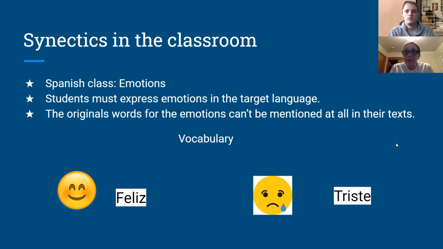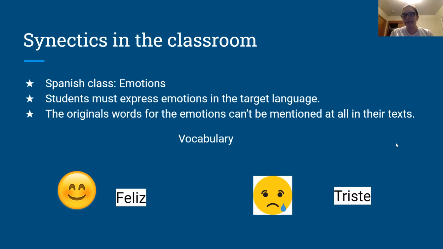So the students have to know what "él" means. "Él" is he. So "él está feliz." He is happy. And then the other one is the same. So he is sad. "Él está triste."